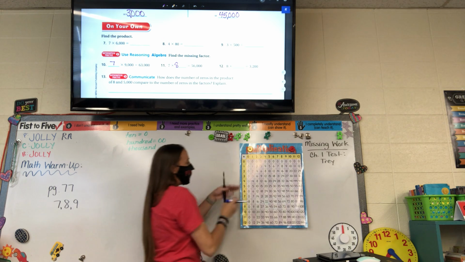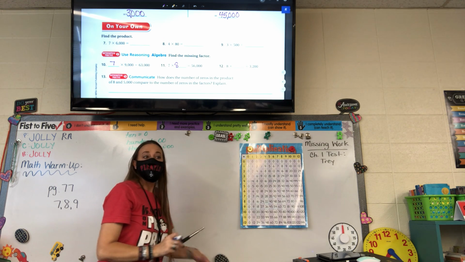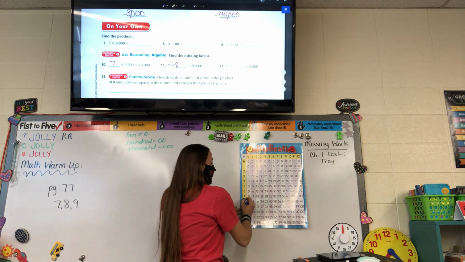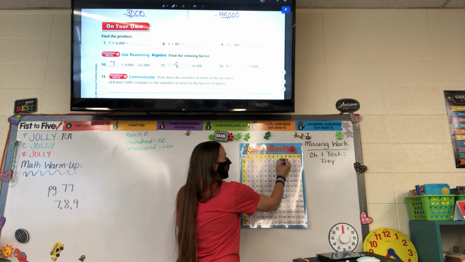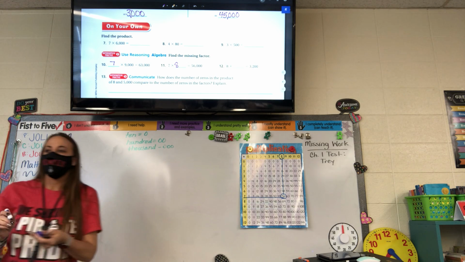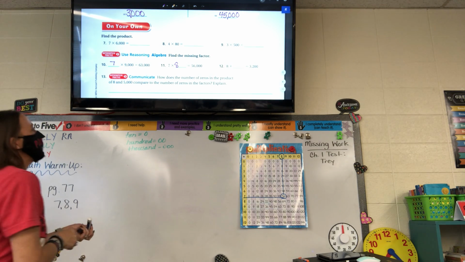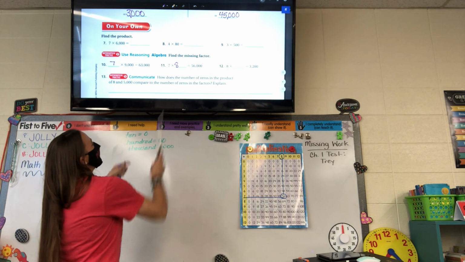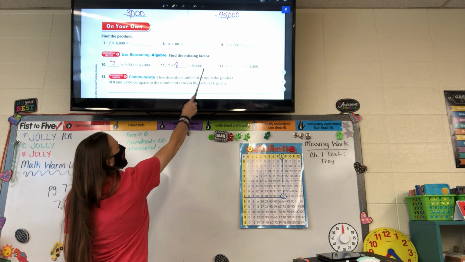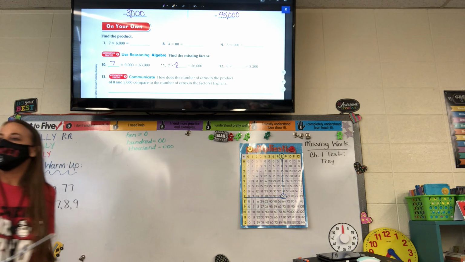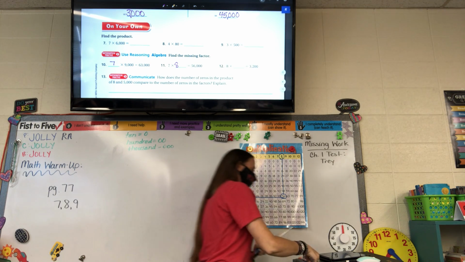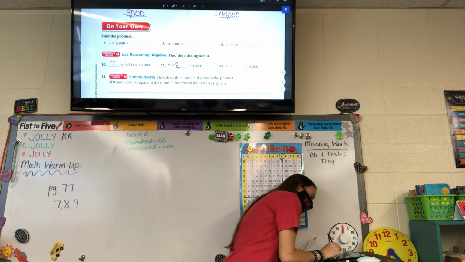We don't have 56 rows, so I know I'm going to use the 7 row. Slide over to 56, there it is, and then you go all the way up. Is Ella right? 8. So 7 times 8 is 56, right? But how many zeros are in the product? 3. So how many do I have to put behind that 8? 3. Good. So it should be 8,000.